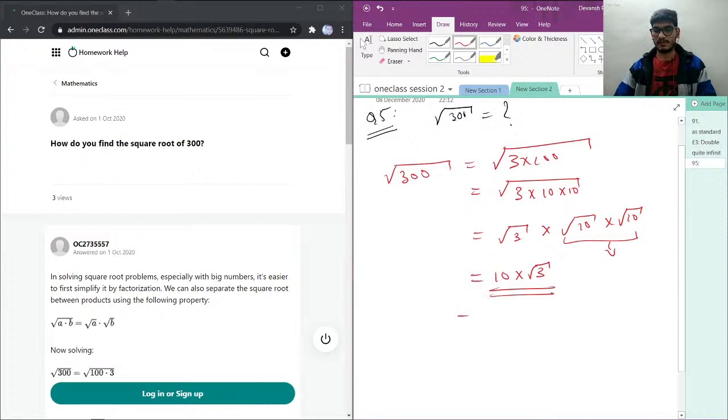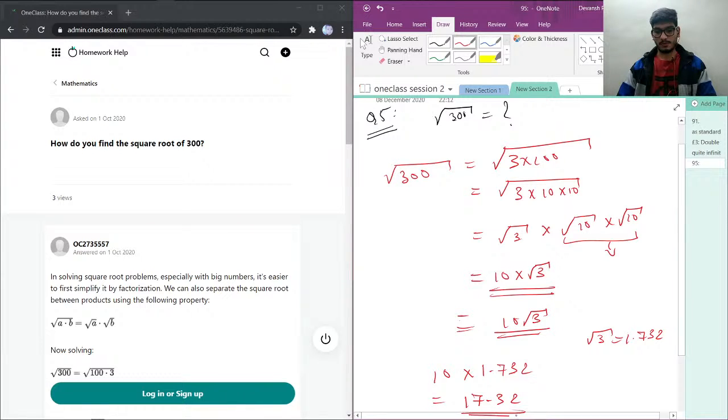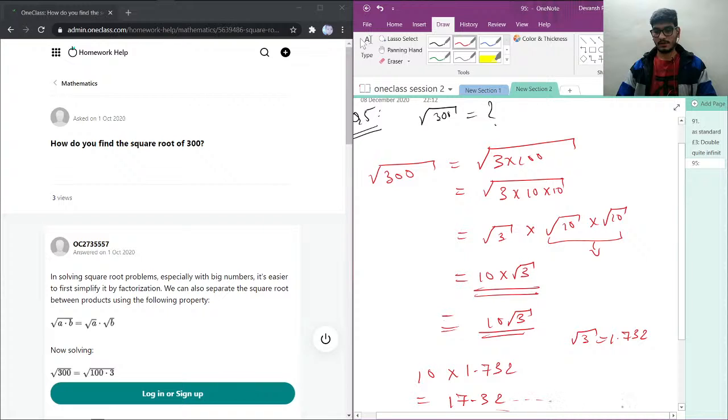So either we can leave it like 10 root 3, or we can multiply it with the value of root 3, and root 3 is approximately 1.732. So this will be 17.32, and this will go on further.